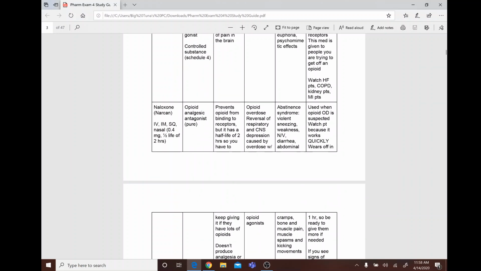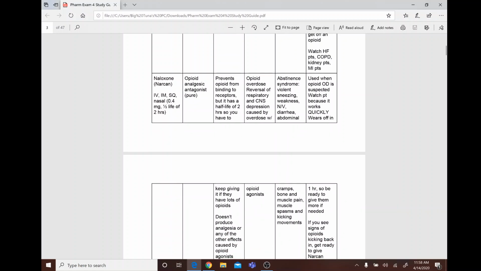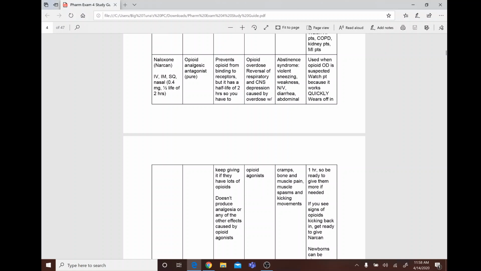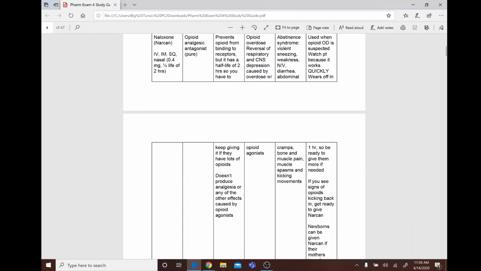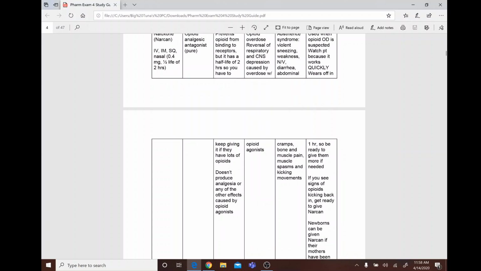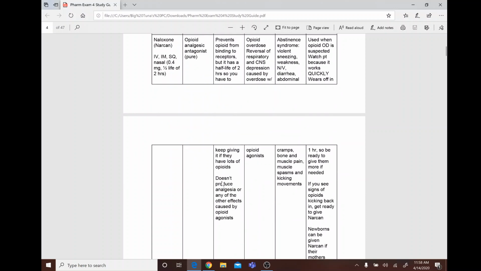What is the action of naloxone? Prevents opioid from binding to receptors, but it has a half-life of 2 hours, so you have to keep giving it if they have lots of opioids. And it doesn't produce any analgesia or any other effects caused by opioid agonists.